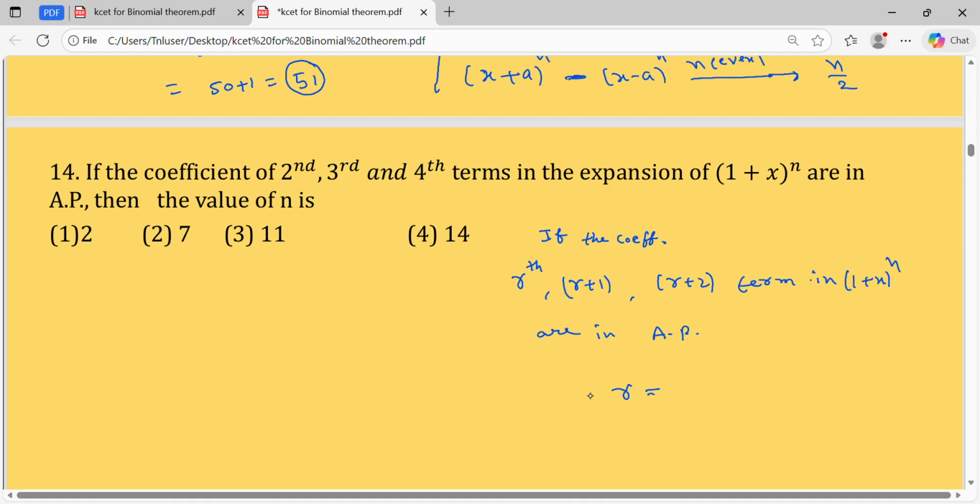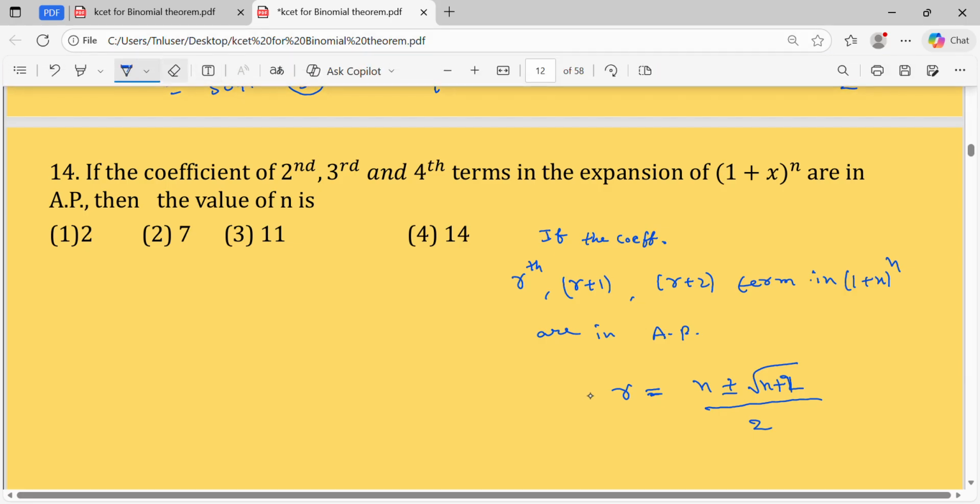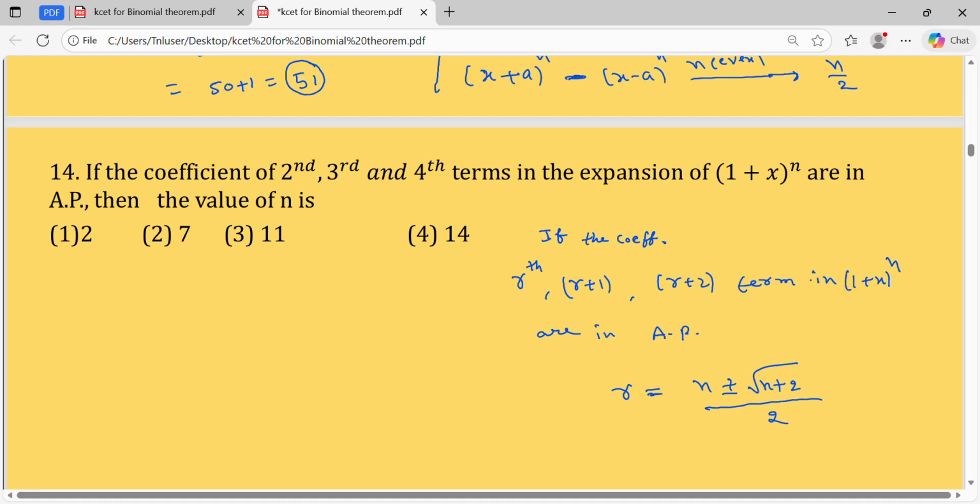r equal to (n plus r minus root of n plus 2) by 2. Use this formula, find out the n value. Now see, according to the problem, second term, third term, fourth term.